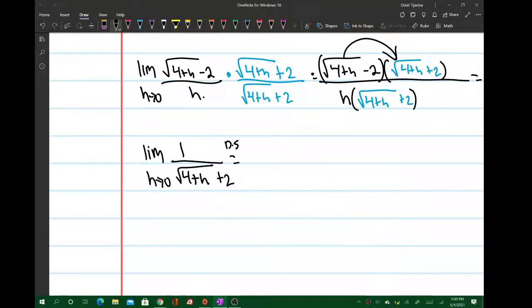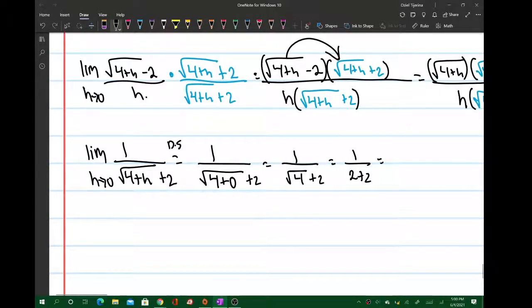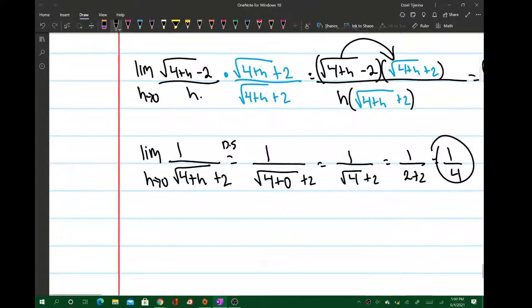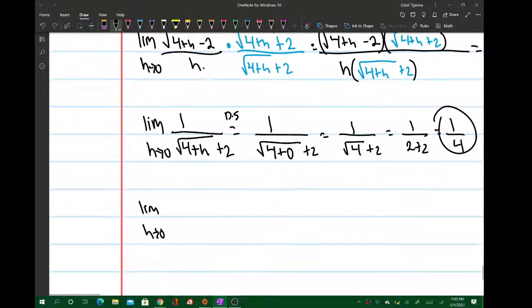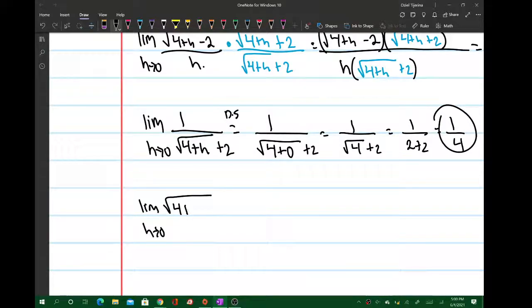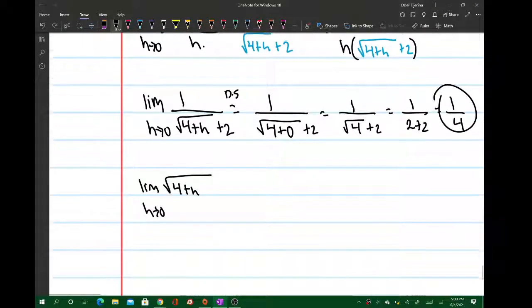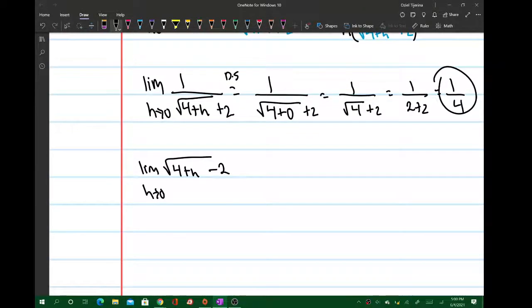By direct substitution, this is going to give you 1 over the square root of 4 plus 0 plus 2, which is equal to 1 over the square root of 4 plus 2, which is equal to 1 over 2 plus 2, which is equal to 1/4. So therefore, the limit as h approaches 0 of the square root of 4 plus h minus 2 all over h is equal to 1/4.